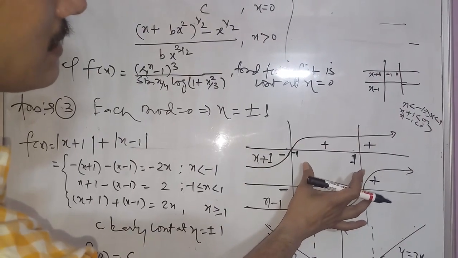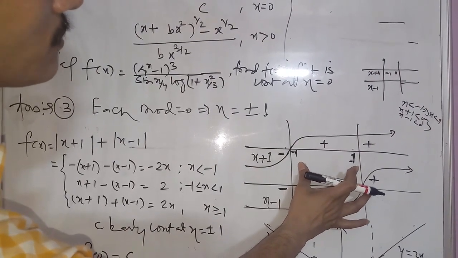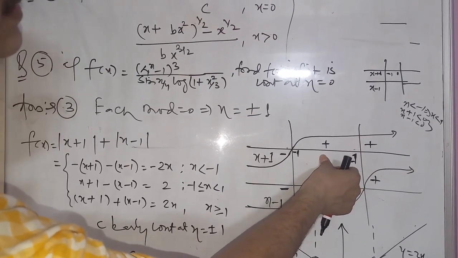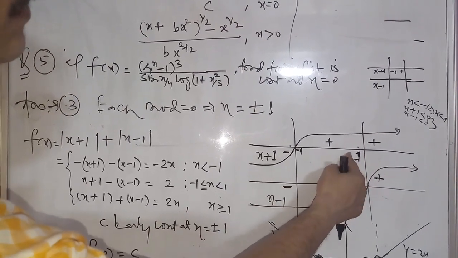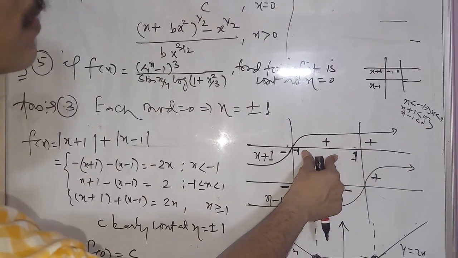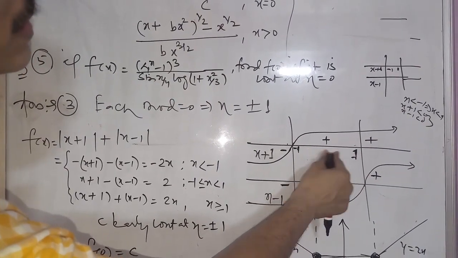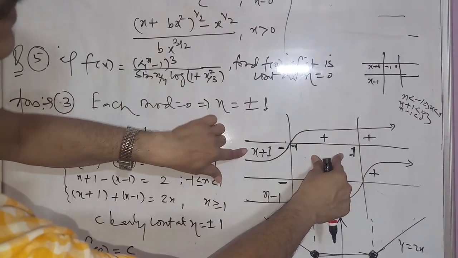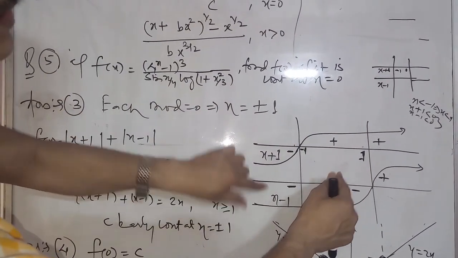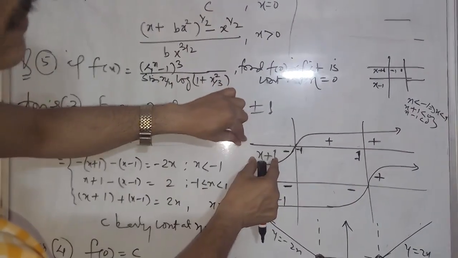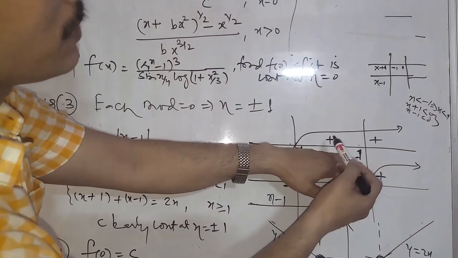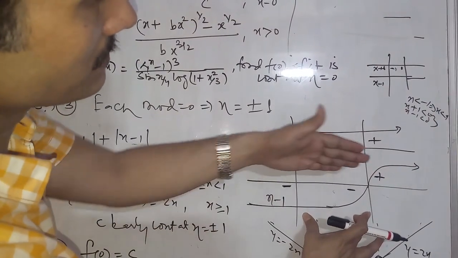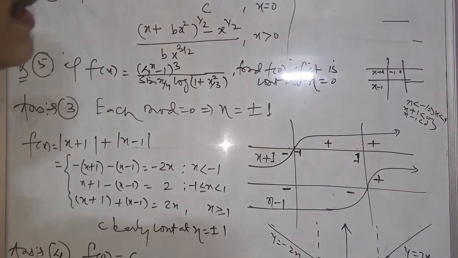If we take this region minus 1 to 1, if x is in this region, x greater than minus 1 but less than plus 1, so x plus 1 positive and x minus 1 negative. We write sign of x plus 1, positive sign above horizontal line, sign of x minus 1 in this region, negative sign below horizontal line.